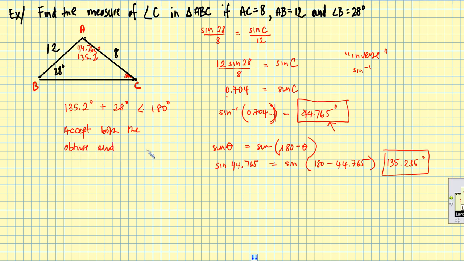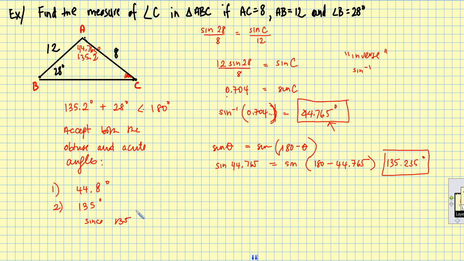Okay, so my two solutions then would be, as an acute angle, 44.8 degrees, putting this to three significant figures now, or my solution could be 135, which is 135.2, so I'll leave it just as 135.